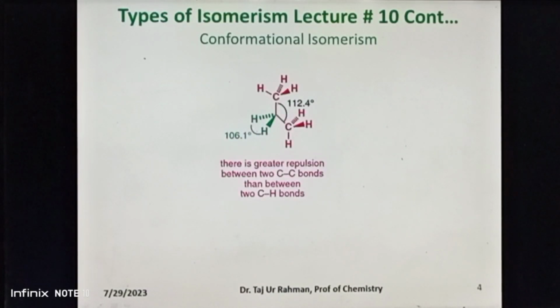Now look at this three-dimensional arrangement of the propane molecule. Although propane is a saturated hydrocarbon with sp3 hybridized carbon atoms, and the bond angle for sp3 hybridized carbon atoms is always 109.5 degrees, here if we look at this structure of propane, we can notice that the C-C-C angle is 112.4 degrees, which is higher than 109.5 degrees.